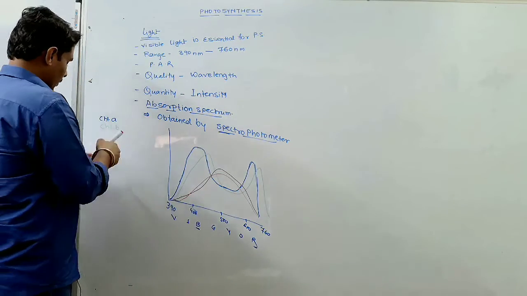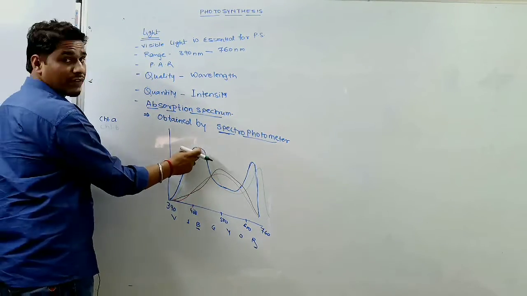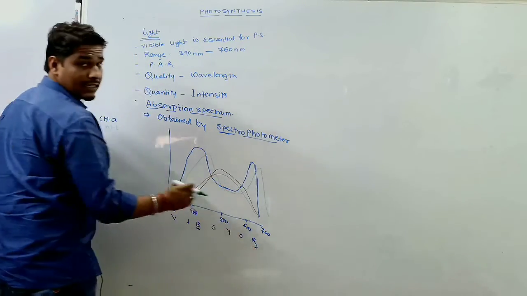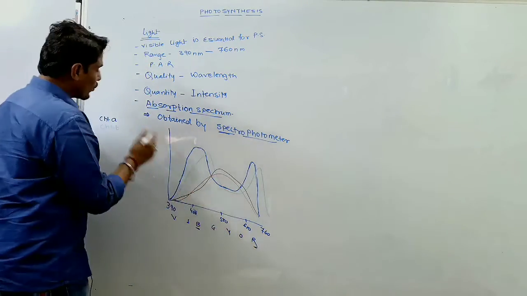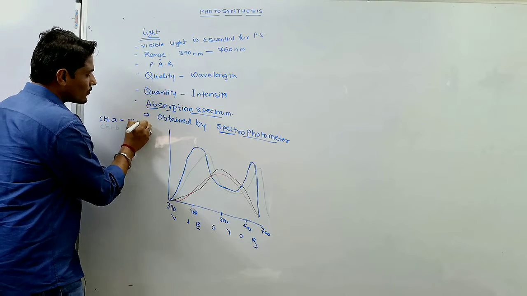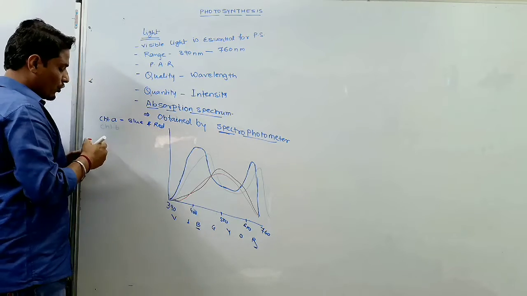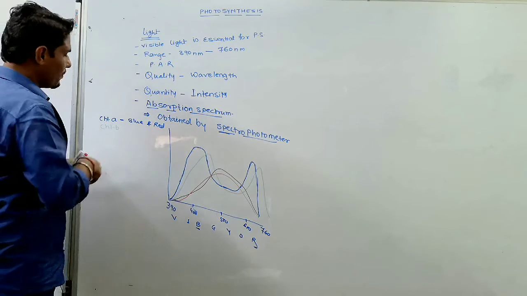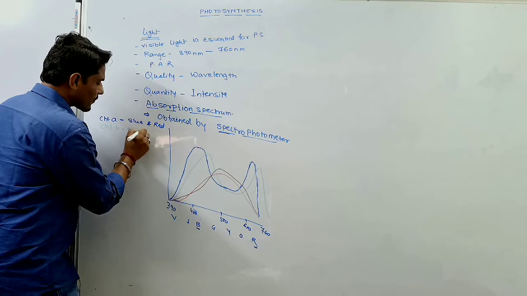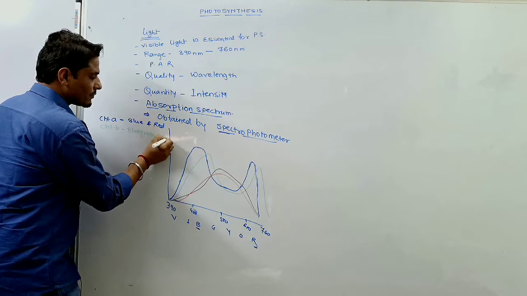So chlorophyll A shows two different peaks, in the blue region and the red region. Chlorophyll A absorbs maximum blue as well as red light, and chlorophyll B absorbs maximum light in between blue-green and red light.